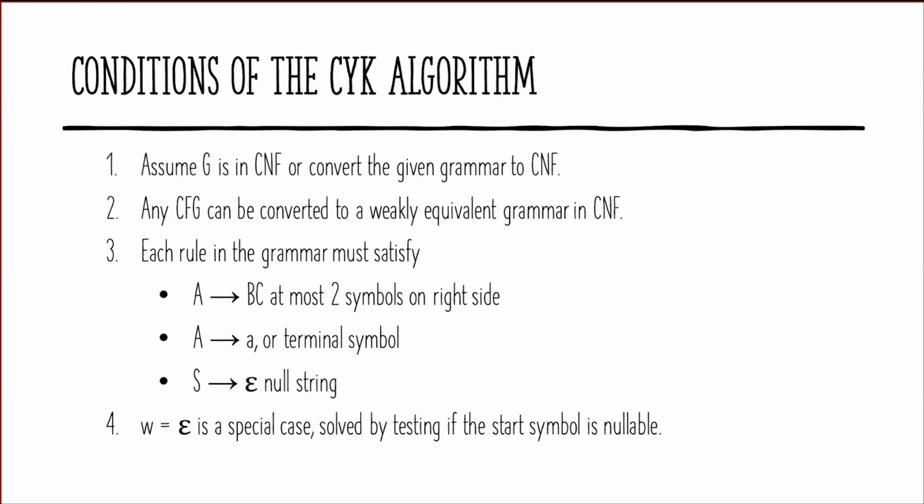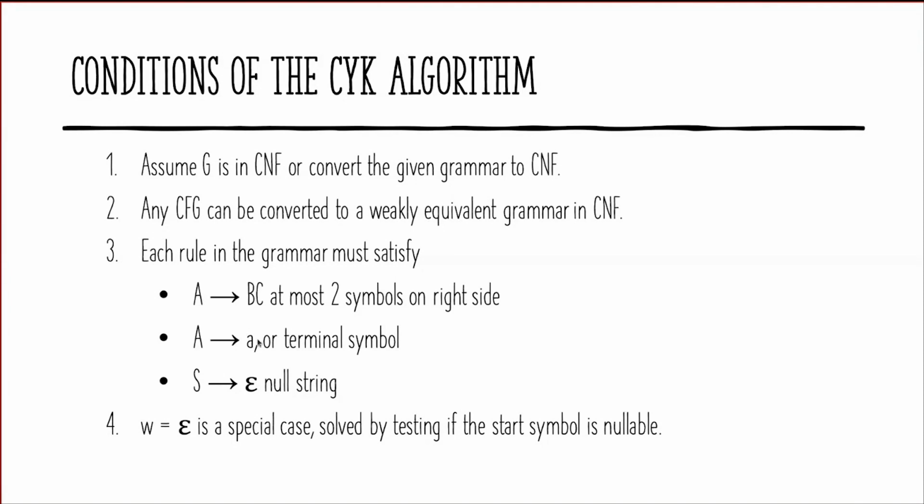And one more thing: if you are given only the empty string, then you can directly check it. If you have a rule S goes to epsilon, then only your string can belong to the language of this grammar, because otherwise all the strings generated using the rules of this grammar will be of length greater than 0, because all the rules are of the form A goes to BC, A goes to a terminal, so at least one terminal will be there.